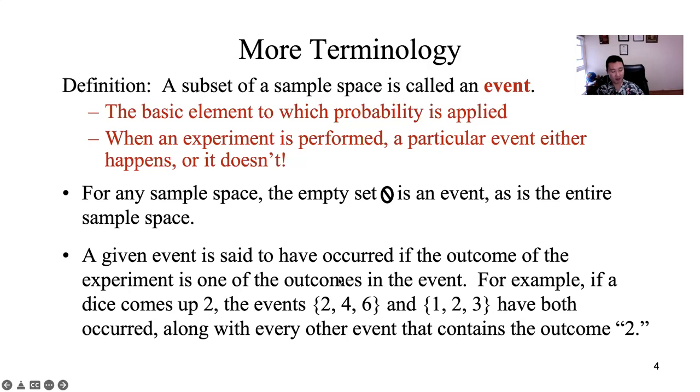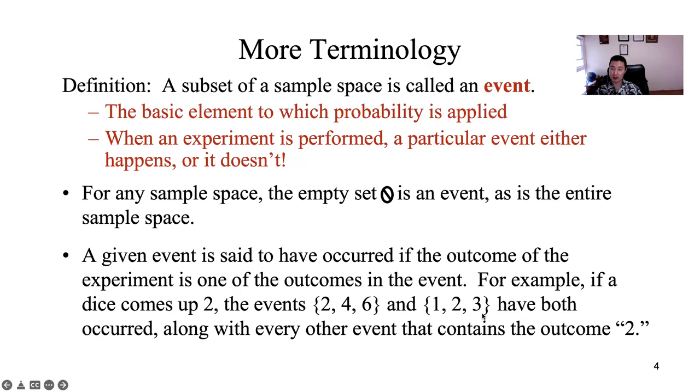A given event is said to have occurred if the outcome of an experiment is one of the outcomes in that event. For example, if a die comes up with a 2, then the event 2, 4, 6 means the event we get an even number. Because 2 belongs to this event, the event of even number will occur.